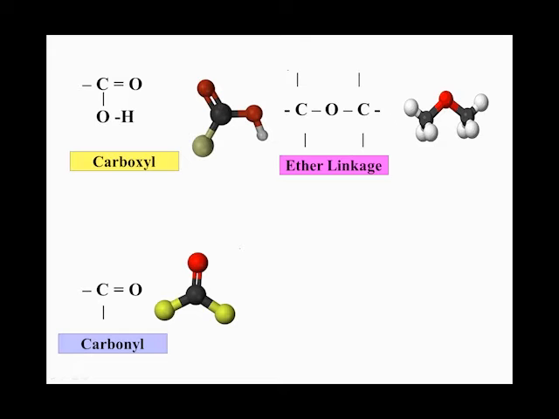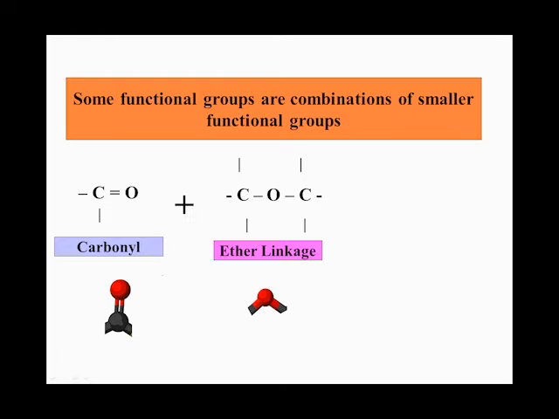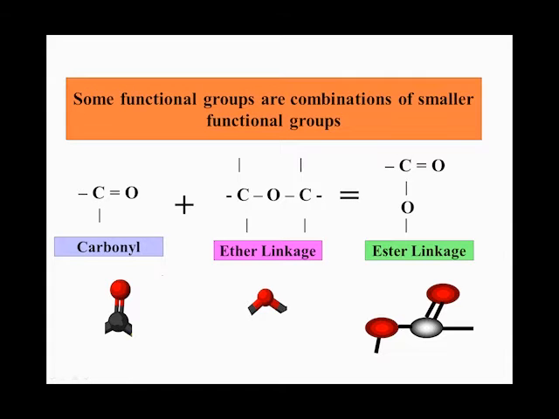An amide. An amide consists of a carbonyl group and an amine group combined. Many functional groups are combinations of smaller functional groups, just like I identified the amide a moment ago. Here's another example. A carbonyl and an ester linkage together, an ether linkage I should say.